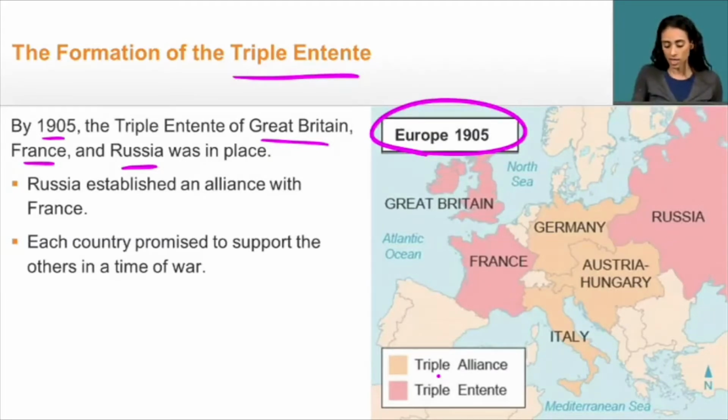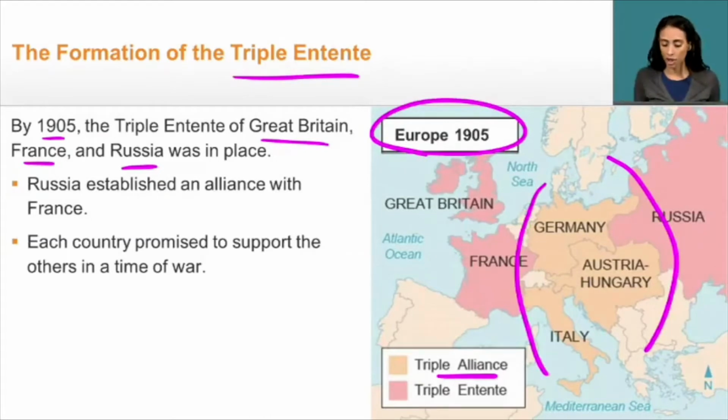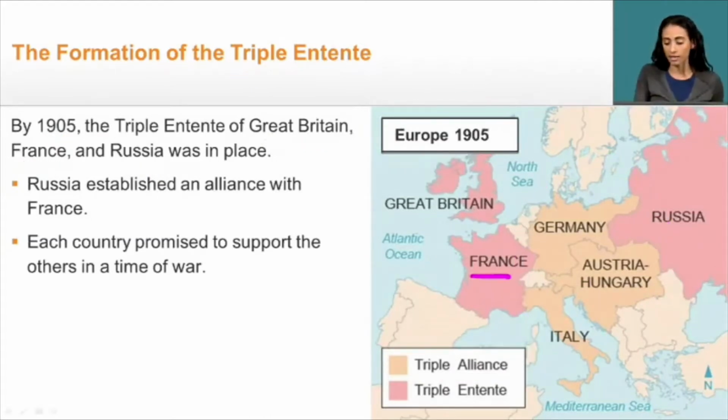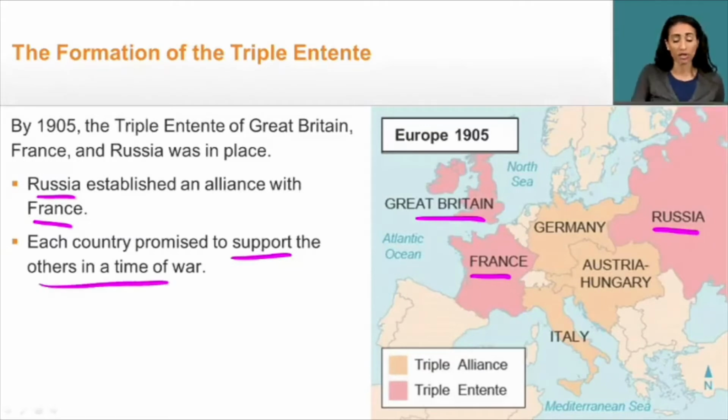You can still see the Triple Alliance in this darker beige color, and then the Triple Entente is going to include France, Russia, and Great Britain. This alliance starts with Russia establishing an alliance with France, and eventually Great Britain joins, and each of these countries does indeed promise to support the others in time of war.